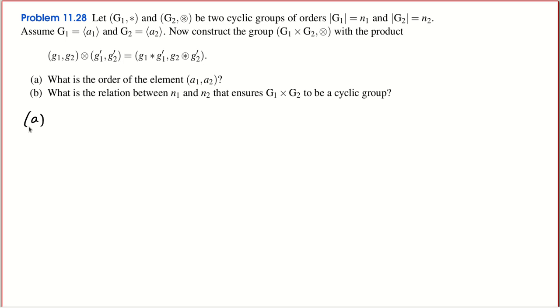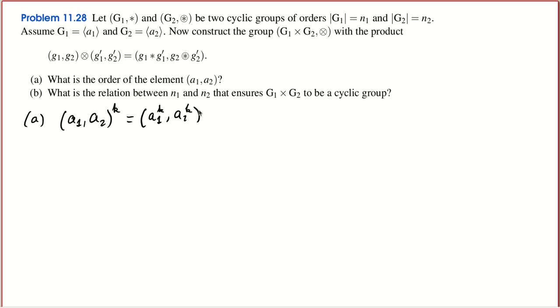What is the order of this? What we have to do is take this pair and raise it to the power k. The multiplication is component-wise, so this is A1^k, A2^k.